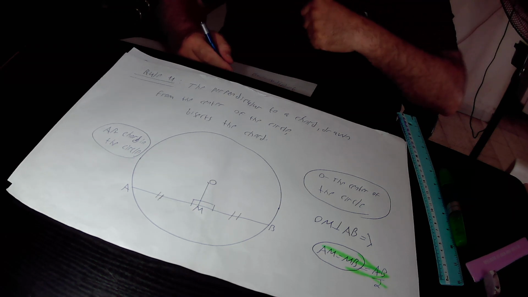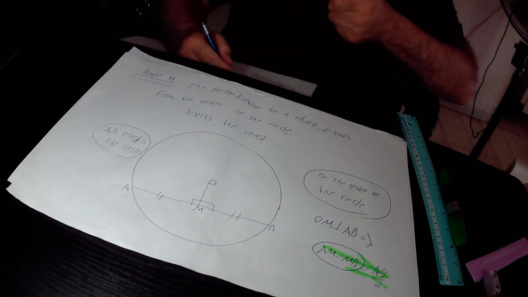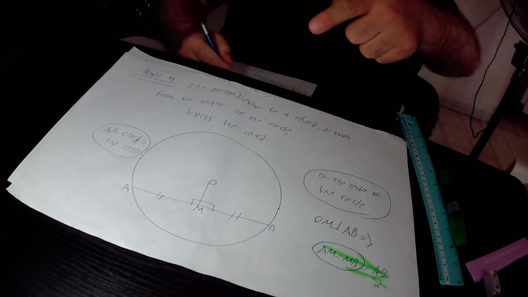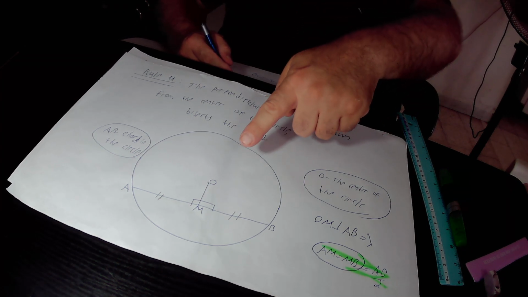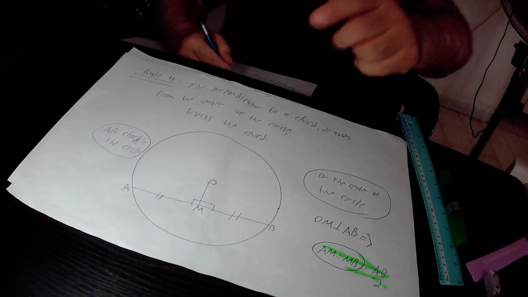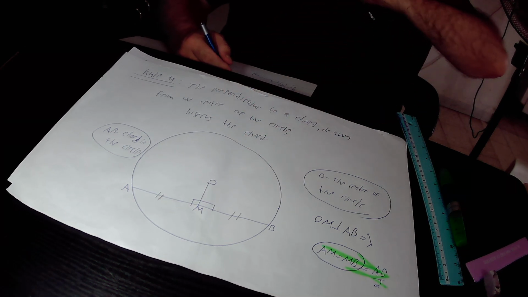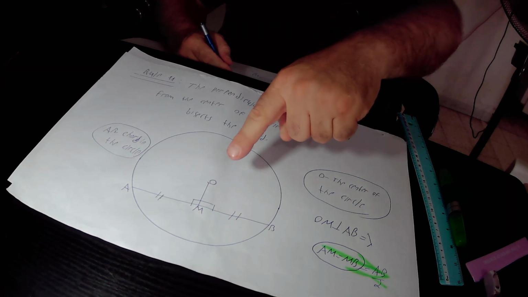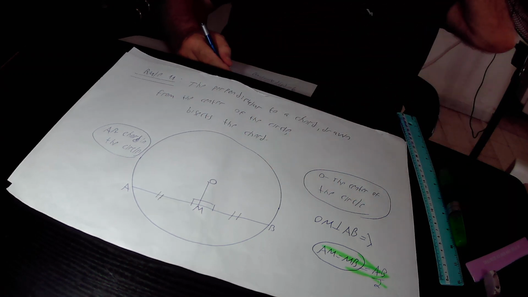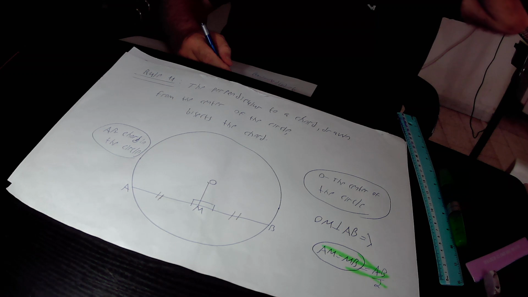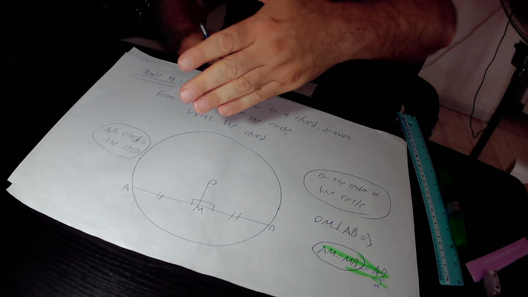And according to this rule 11, whenever you draw a perpendicular from the center of the circle, that is to say point O, the perpendicular also bisects the chord. That is to say, perpendicular OM bisects chord AB. That is to say, perpendicular OM divides chord AB into two halves.